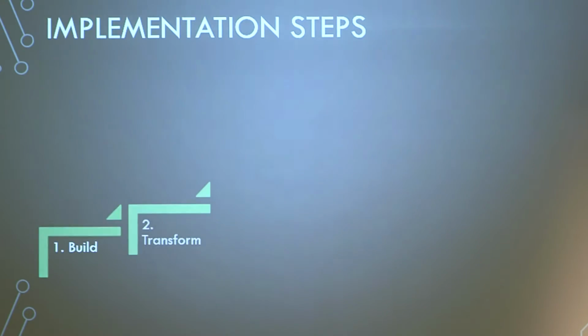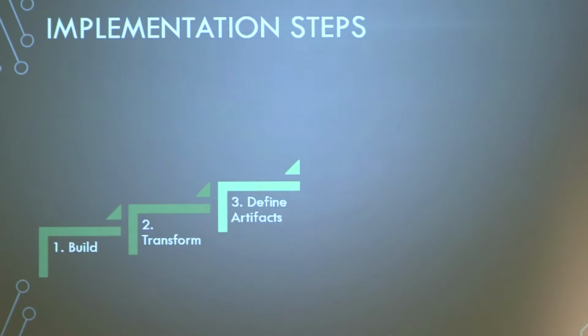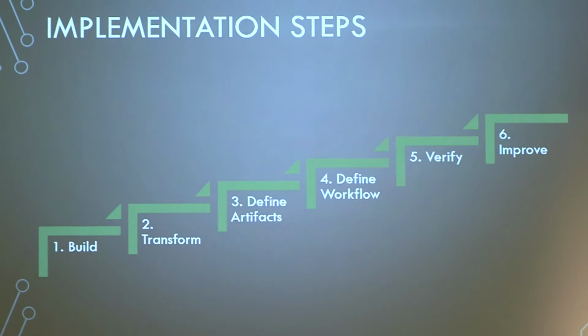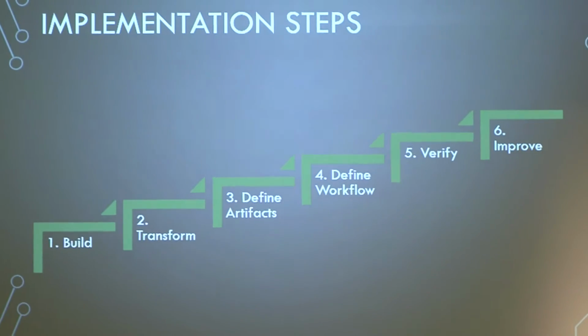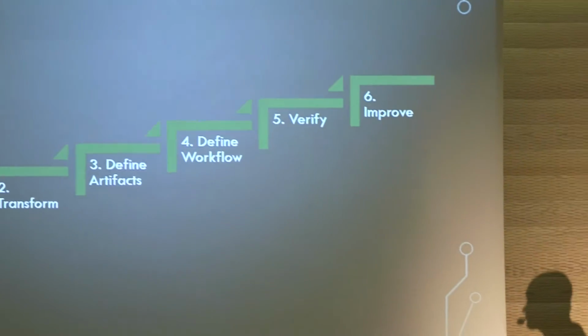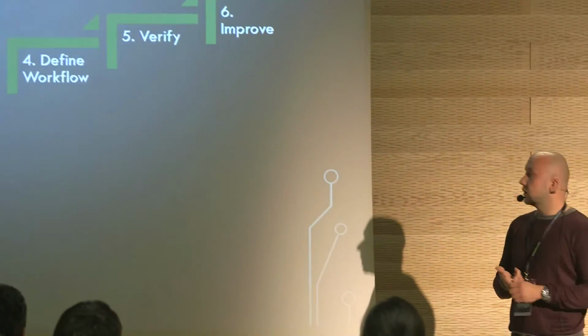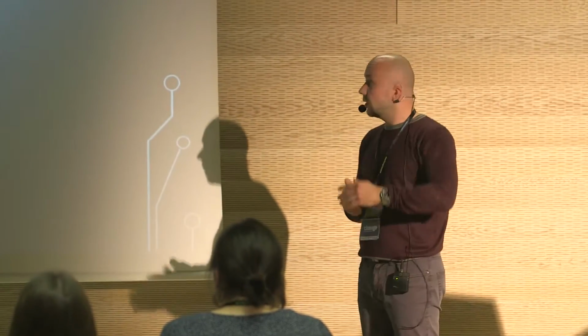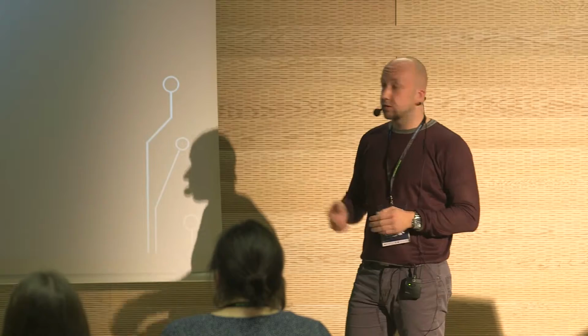Okay, now something about the implementation steps. We have to do this transition. If we have an existing project, we have to approach it gradually through the steps. First thing, you have to ensure that you have a stable and good build, that every time you manage to build the solution successfully. Then you have to plan the stages you are planning to release to, and plan the transformation.